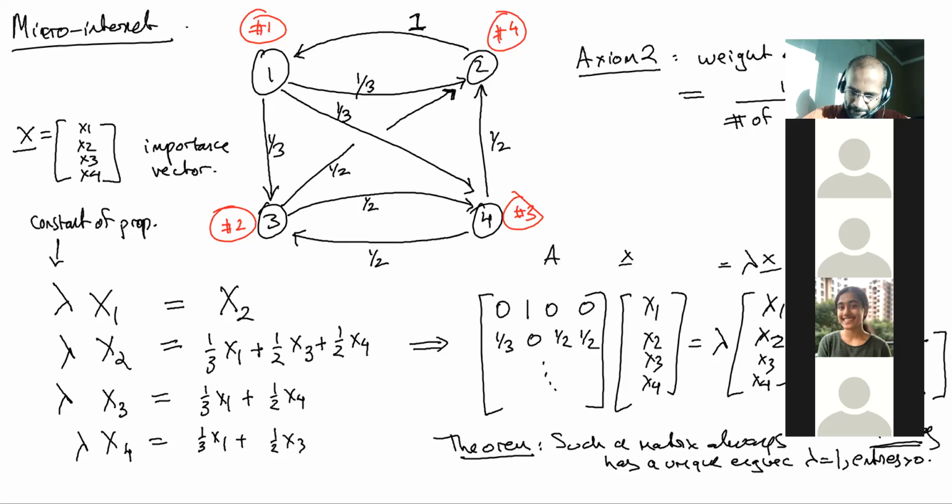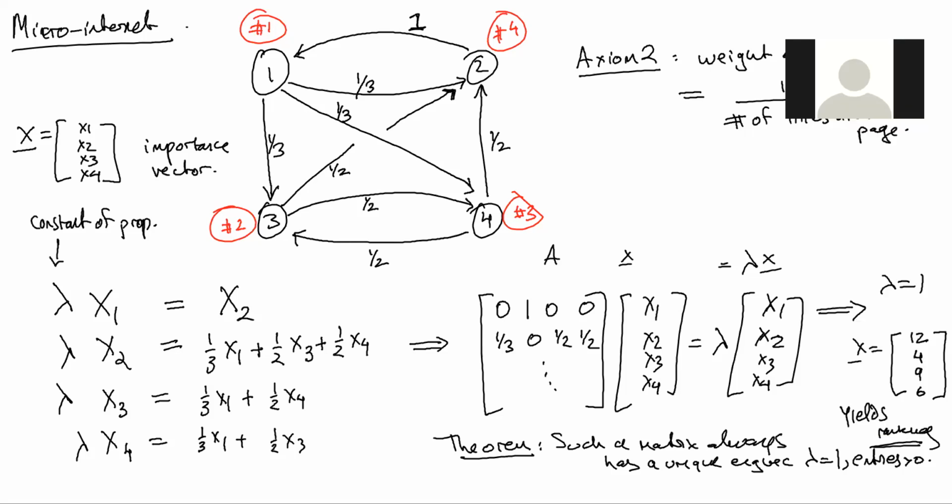How can we make sure that such a matrix will only have one unique eigenvalue? This is a theorem, so we won't prove it in this course. But you can prove that if you make a matrix this way, it'll have many eigenvalues, but only one eigenvalue equal to 1, and the eigenvector for that will have positive entries.